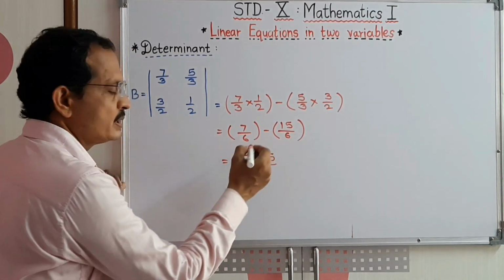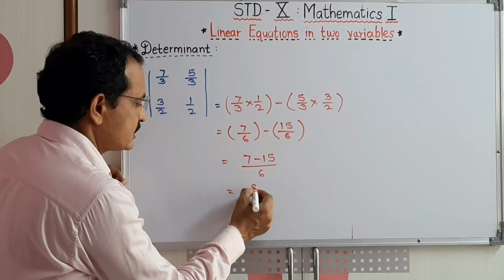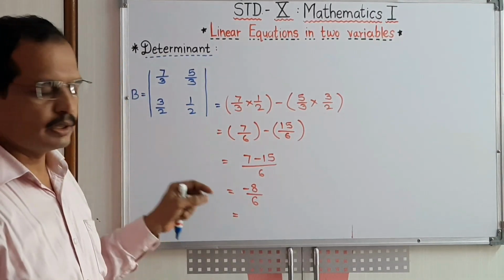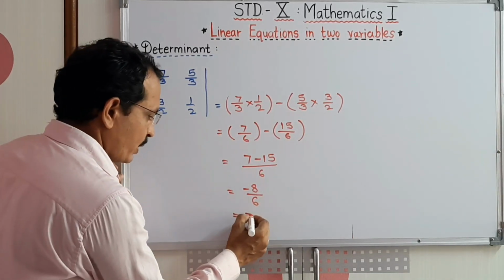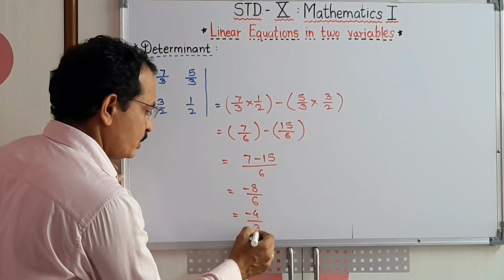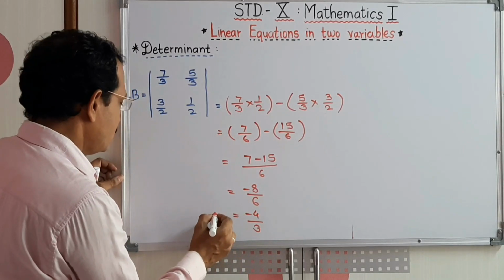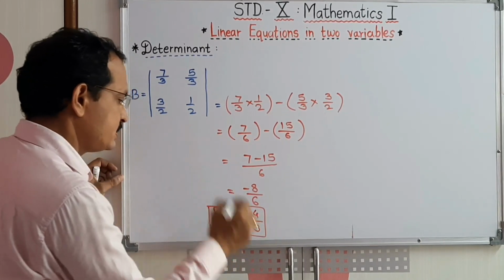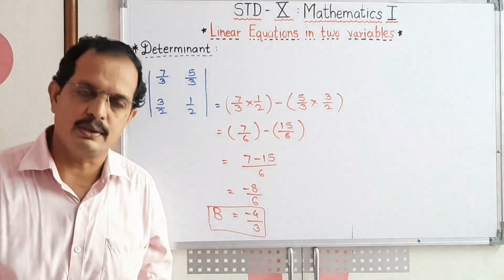Now 7 minus 15 is minus 8 upon 6. Now simplify this, it is minus 4 upon 3. 2 4s are 8, 2 3s are 6. Therefore we get the value of determinant B as minus 4 upon 3.